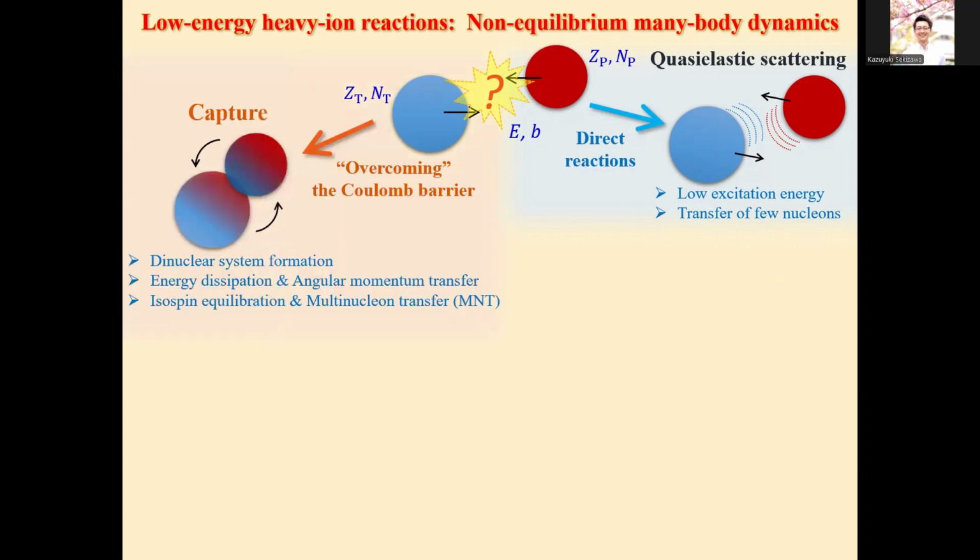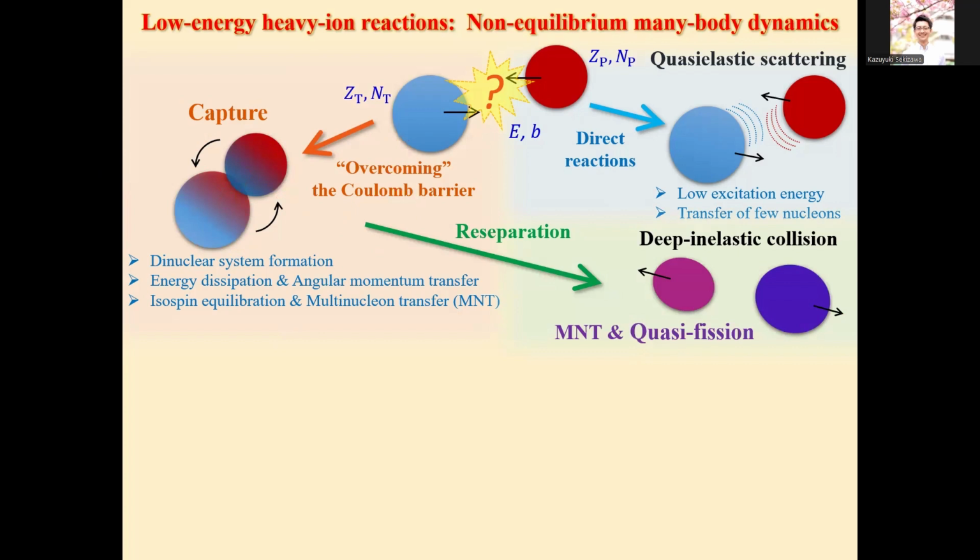But when the incident energy is higher and higher than the Coulomb barrier, then two nuclei collide and they form a dinuclear system, some composite system of two colliding nuclei. This is the stage of capture. So we have dinuclear system formation, and because of this collision, we have energy dissipation, and many nucleons are transferred between two nuclei.